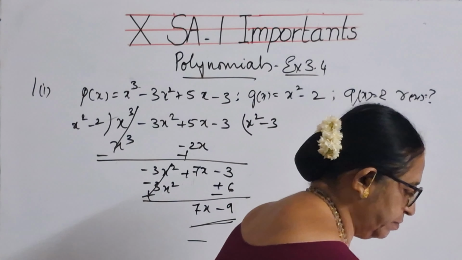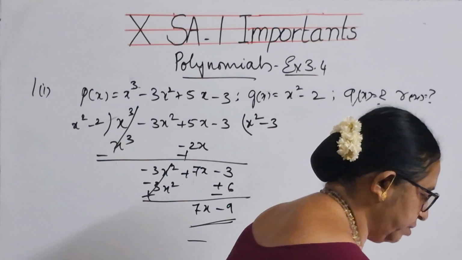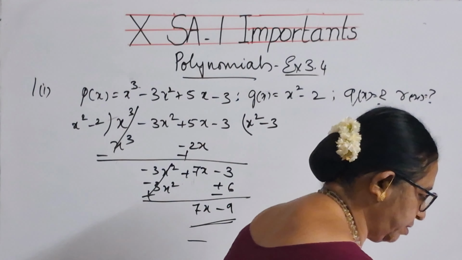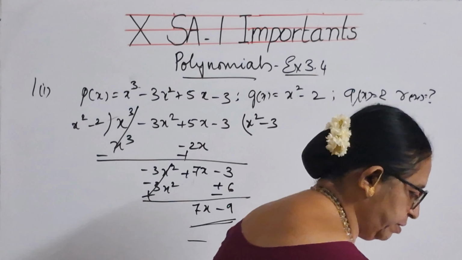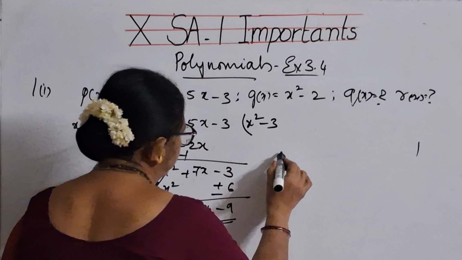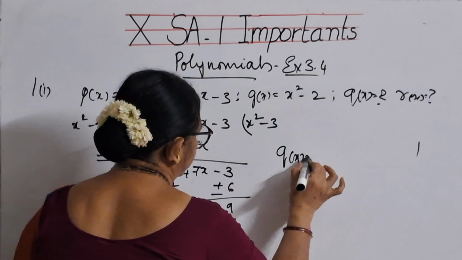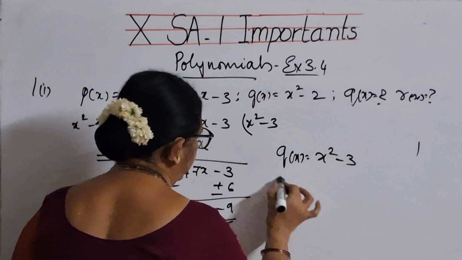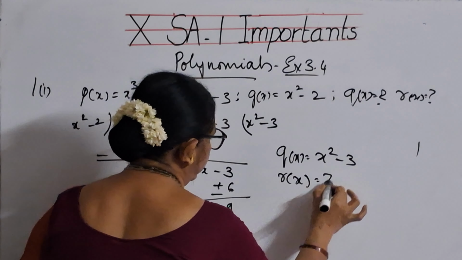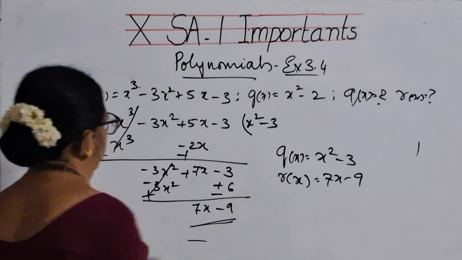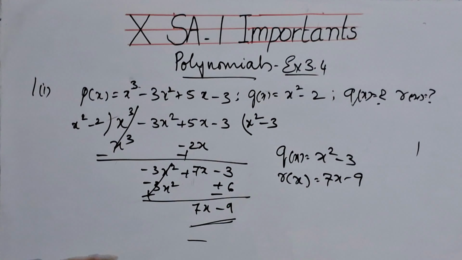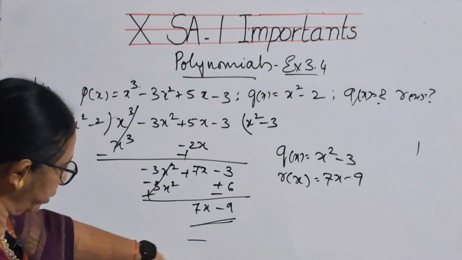Okay, children. So I hope you have understood this problem. What is quotient? Q of x is equal to x minus 3 and R of x, the remainder, is 7x minus 9. If you wanted to go further, why can't we?